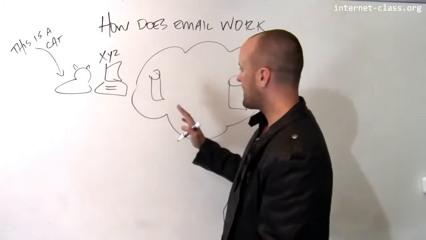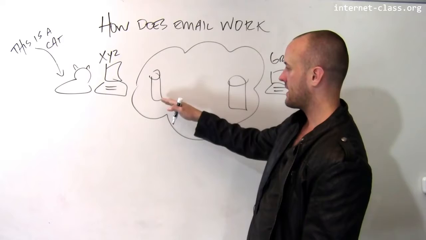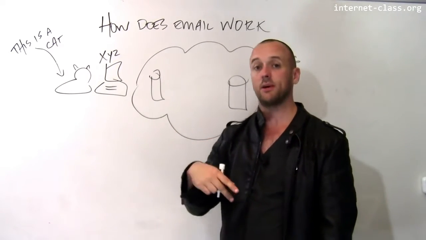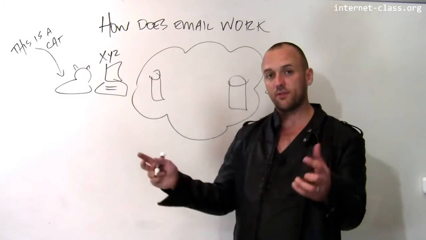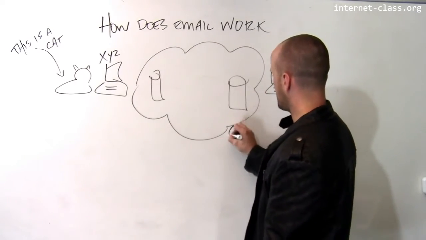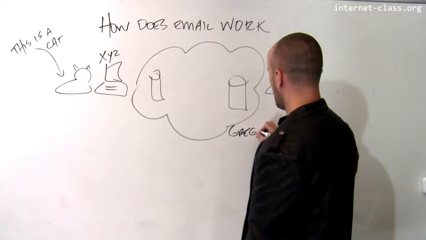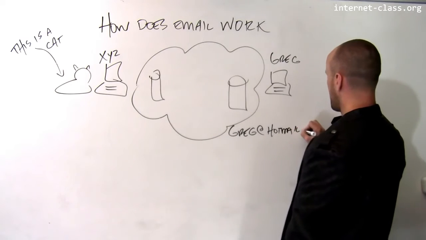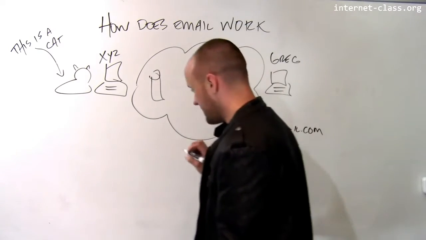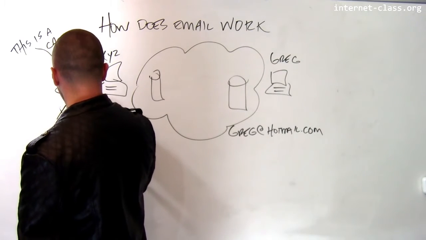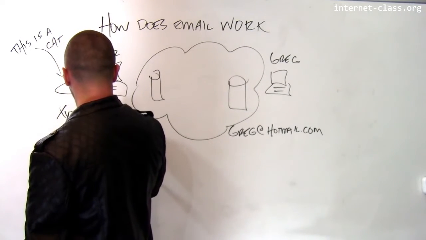The first thing to recognize with email is that email requires communication with some sort of email server. If you receive email at a particular email address, for example, let's say that Greg is using his greg@hotmail.com, Ziz is using her ziz@gmail.com.